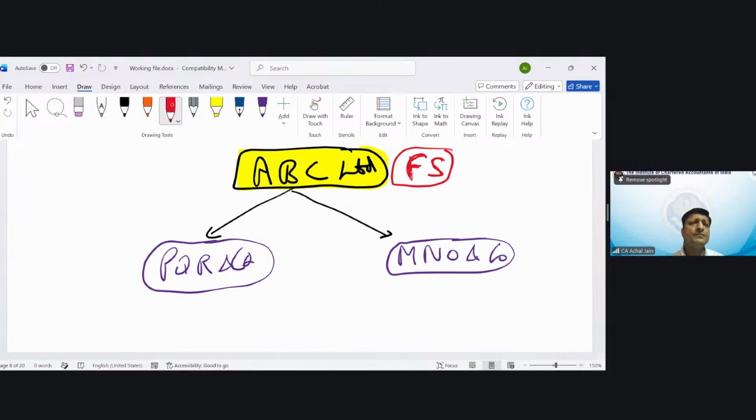Now, why you may have a situation of a joint audit? Let's suppose ABC is operating in a particular industry which has some sort of complexities, which has some peculiar requirements, wherein they believe that some sort of specialization in relation to that particular area may be required on the part of the auditor, which both the audit firms may not have.